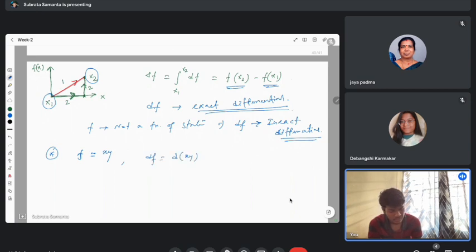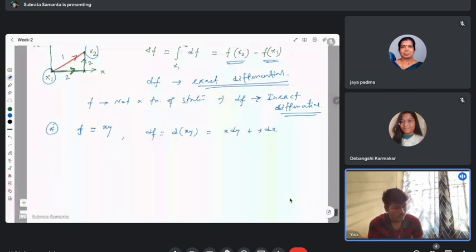So this is d of xy, that means x dy plus y dx. Now we are changing from 0 0 to, let's say, 1 1. So we are going from this point to this point, and we are calculating this df.